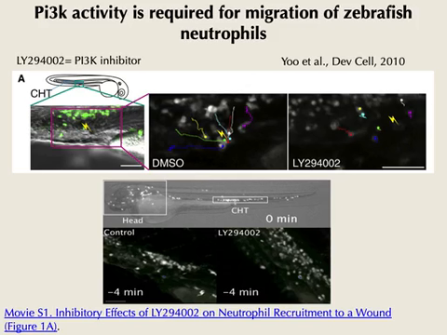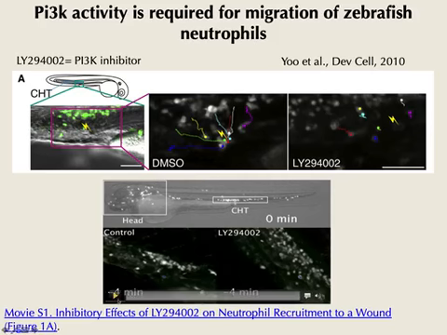You can wound the fish and you'll see the neutrophils run towards the wound. And they run because the wound causes secretion of NO, nitric oxide, whatever, NO. And that serves as an attractant for those neutrophils.